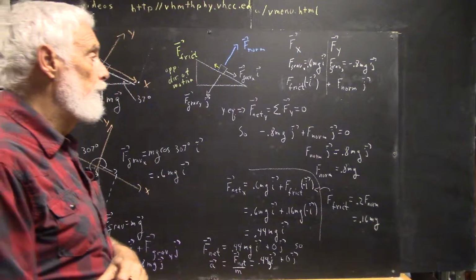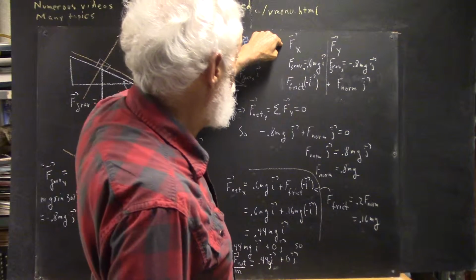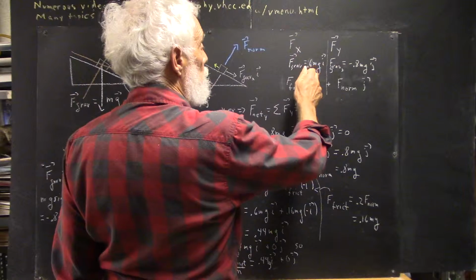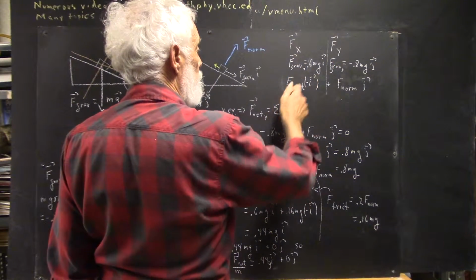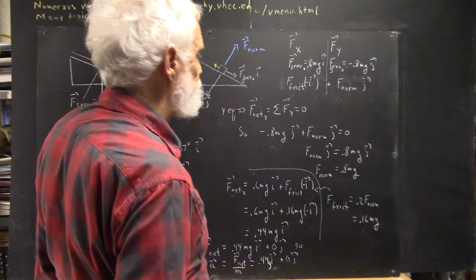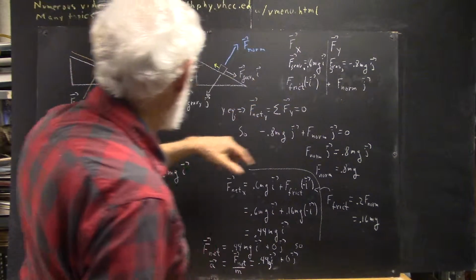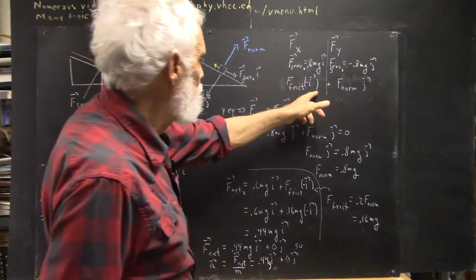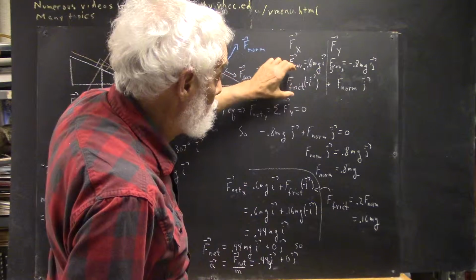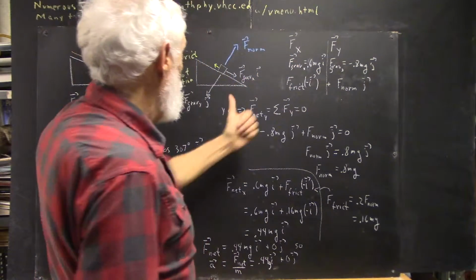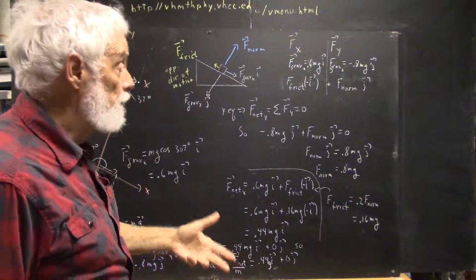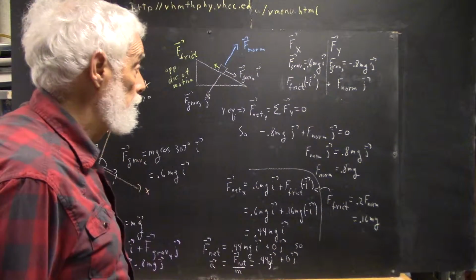So, in the x direction, what do we know? We know the x gravitational force is 0.6 mg times i, and the frictional force is whatever the magnitude of the frictional force is times negative i. So F fric without the arrow means the magnitude of the frictional force, and it's going to be in the direction opposite i by the given condition that the object is sliding down the incline.